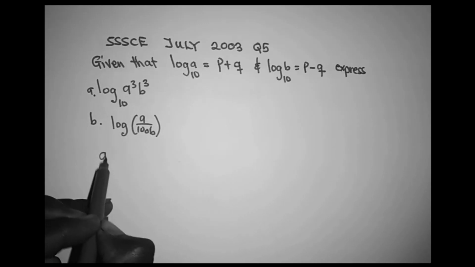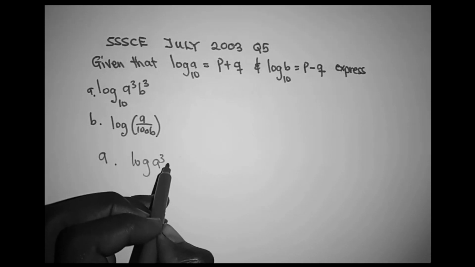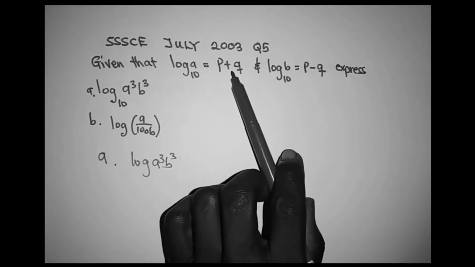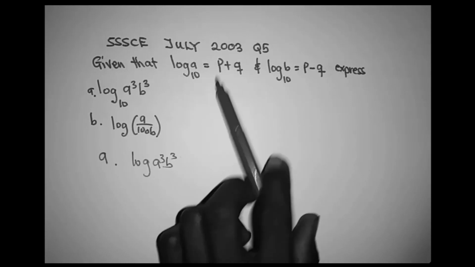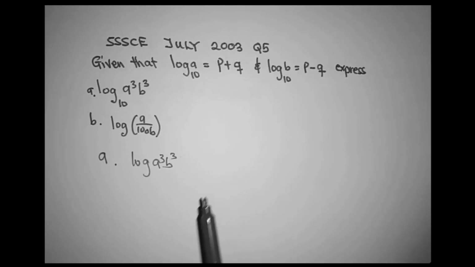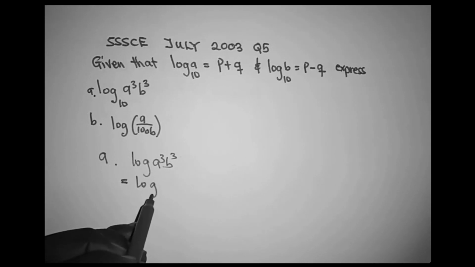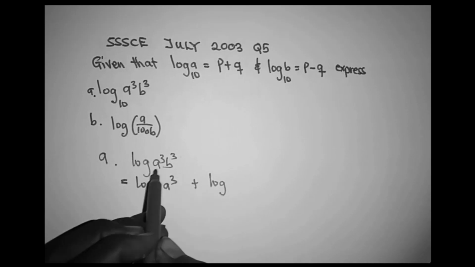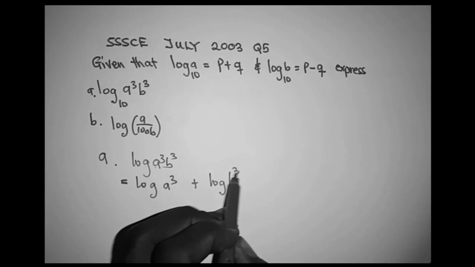So let's start from A. Log A exponent 3 times B exponent 3. So we were given log A and then log B. So we are supposed to express this log in terms of log A and log B. Then we can use it to write it in terms of P and Q. So this is equal to log A exponent 3 plus log, since A and B are multiplying, plus log B exponent 3.